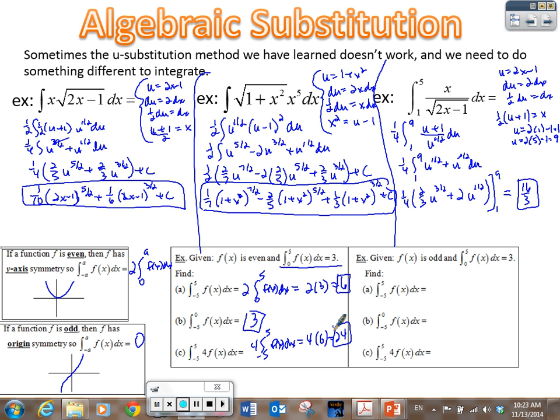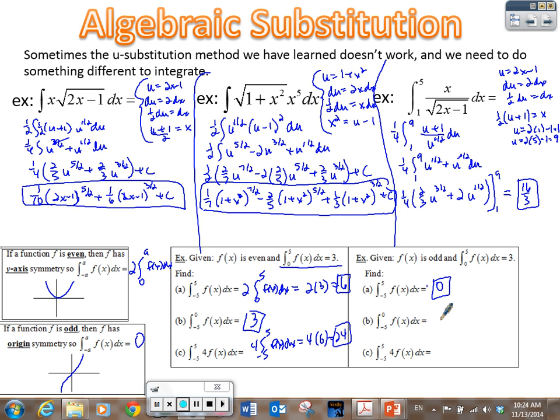All right, let's look at some problems having to do with odd. We're told that f of x is odd, and that the integral from 0 to 5 of f of x is 3. So if we look at the integral from negative 5 to 5 of f of x, what would we know that would be? It's going to be 0. What about negative 5 to 0?